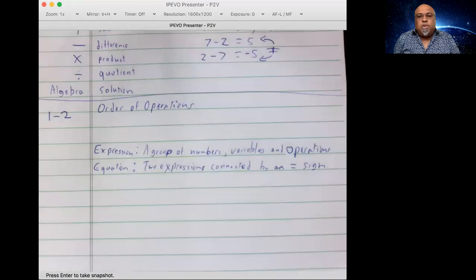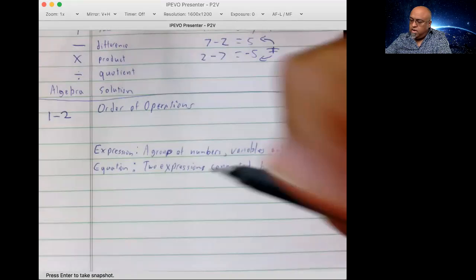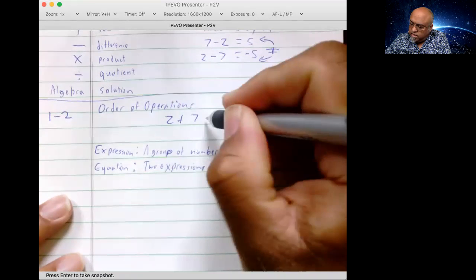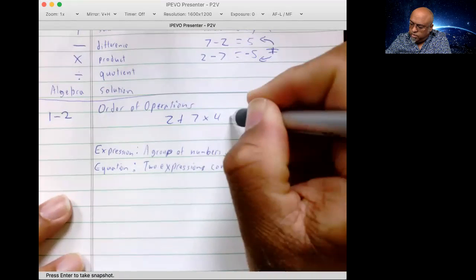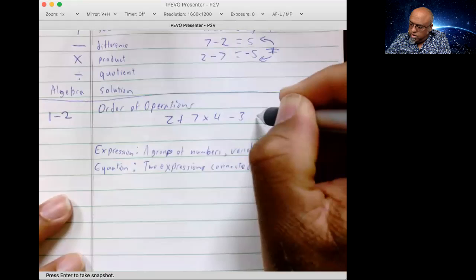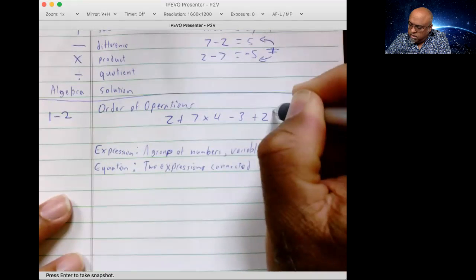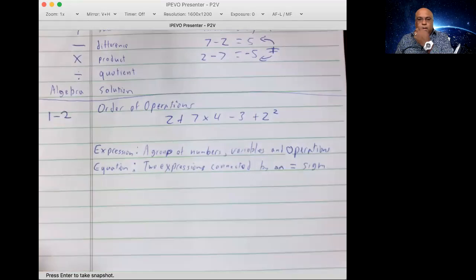The order of operations basically tells you what you are supposed to do first when you have a group of things together. Now I'm just going to put some random numbers and operations in line here. 2 plus 7 times 4 minus 3 plus 2 squared. Okay?